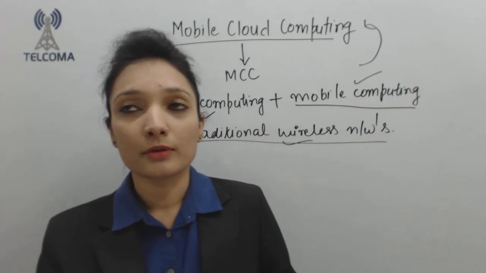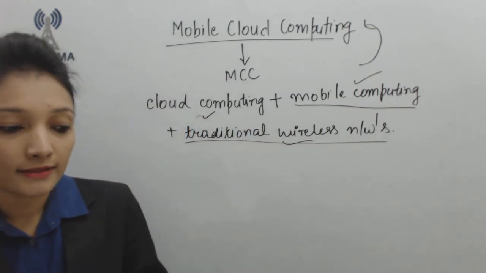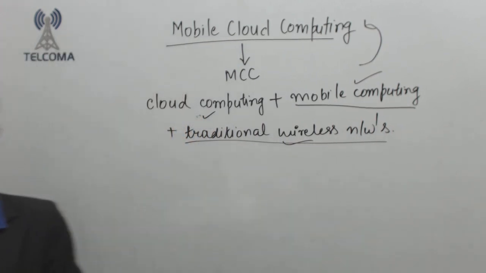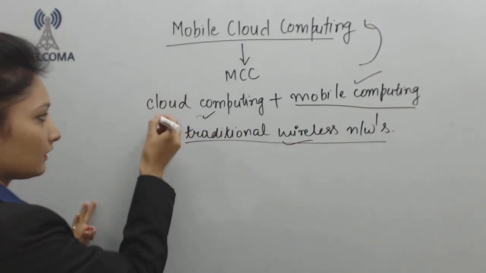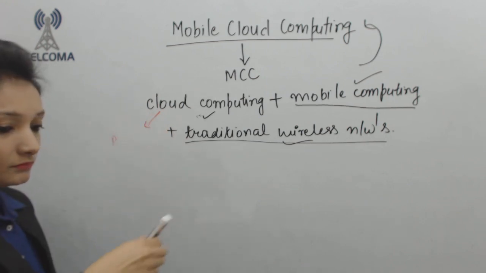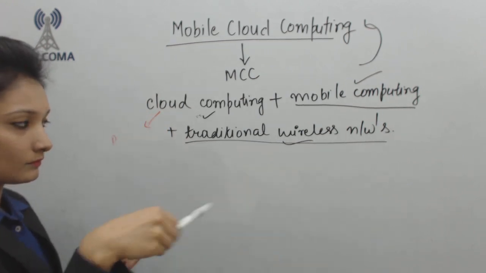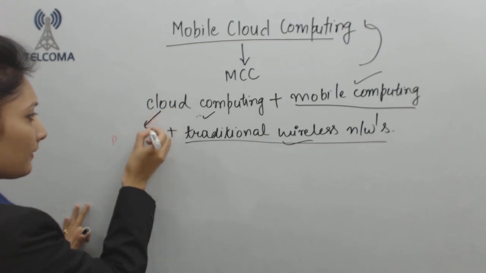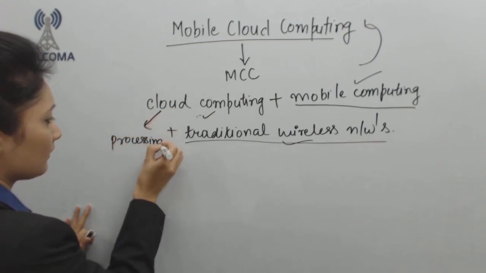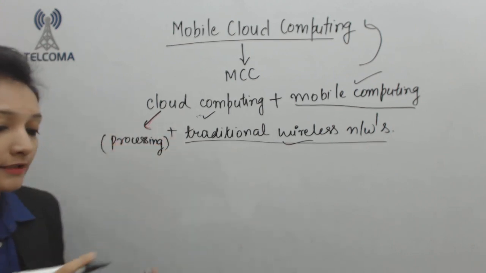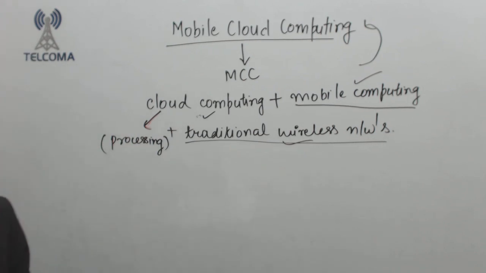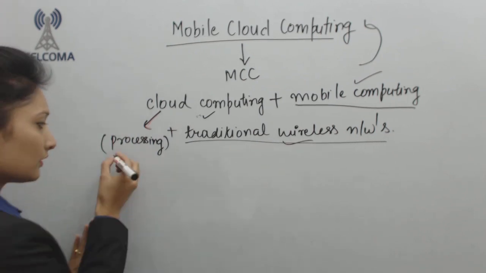So in terms of mobile cloud computing, you can say that the processing is done in the cloud. All the processing, the computational resources, the computational processing takes place in the cloud.